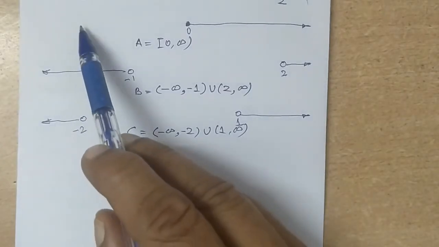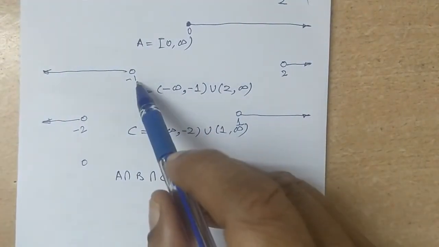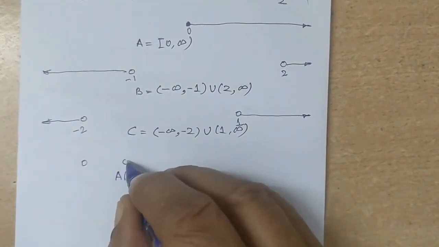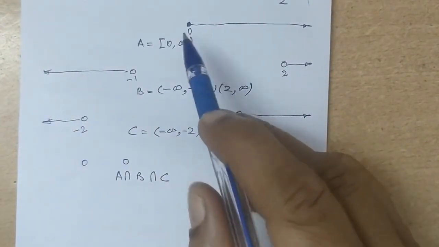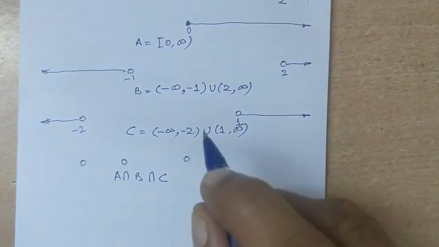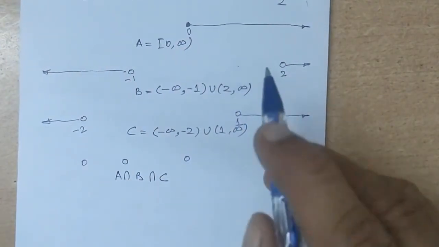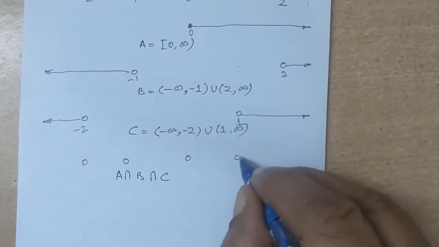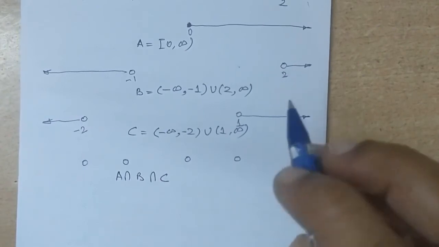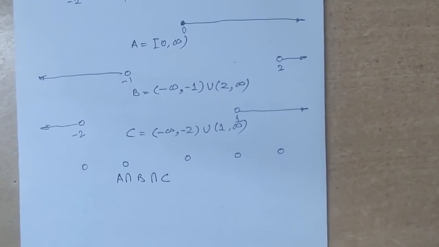Minus 2 is not an element of A, hence it is not an element of the intersection. Minus 1 is not an element of A, hence it is not an element of the intersection. 0 is an element of A but not an element of B, hence it is not an element of the intersection. 1 is an element of A but is not an element of B, hence it is not an element of the intersection. 2 is an element of A but is not an element of B, hence it is not an element of the intersection. Now we will check the status of the intervals.